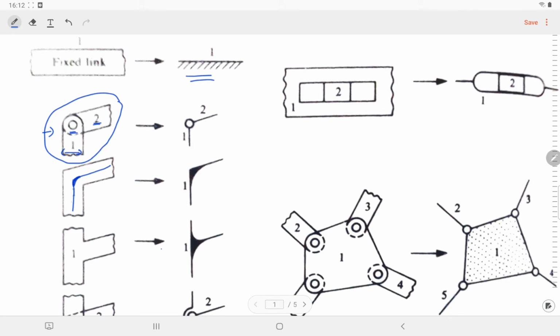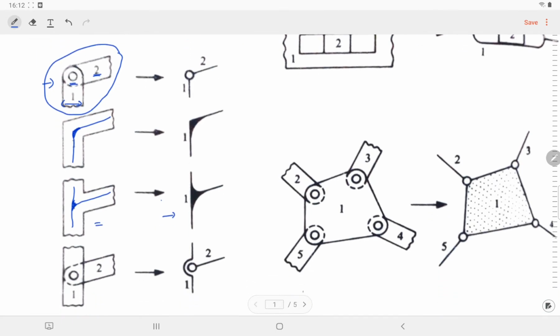These two are not different links but the same link. And if it's going to be like this, then I will thicken this region as well as this region. That's how I convert this thing into this thing.